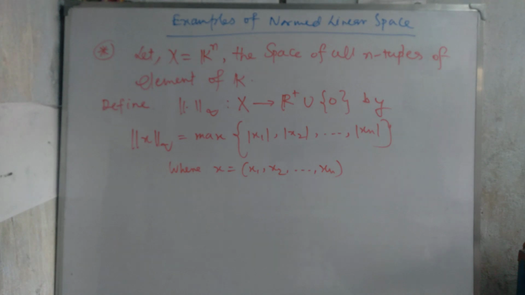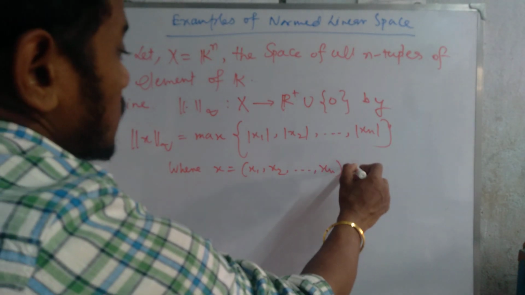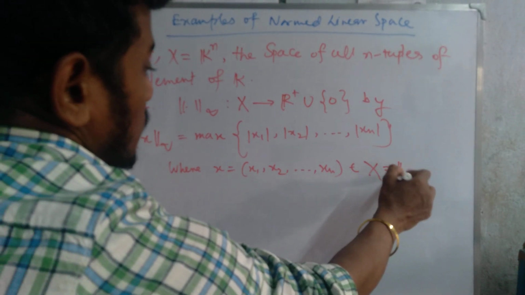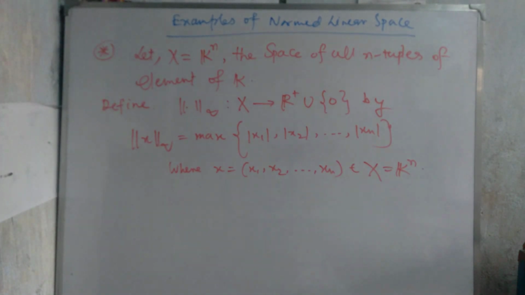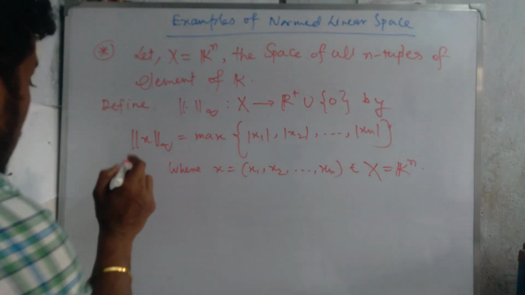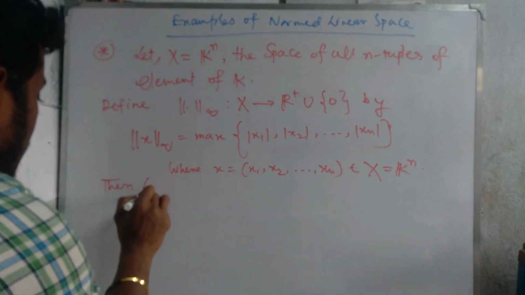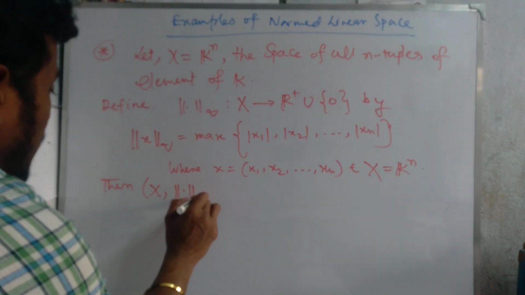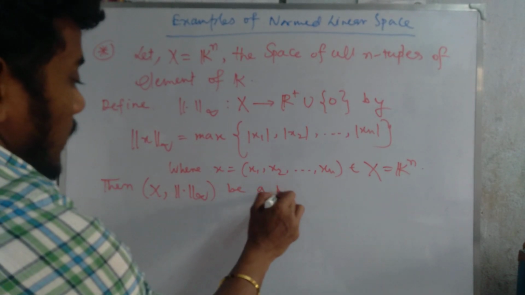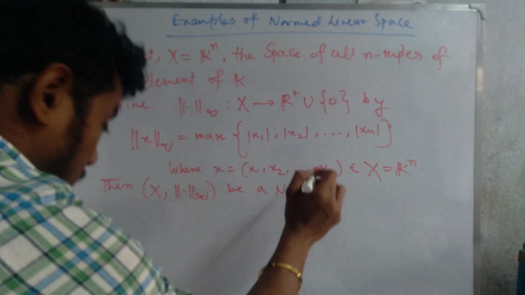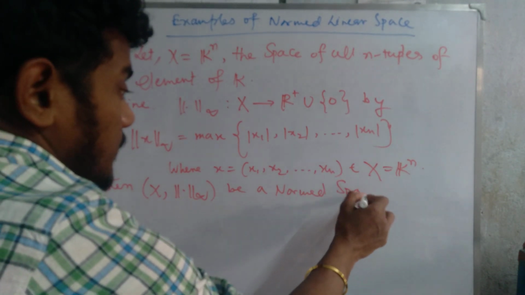In this way this n-tuple belongs to X equal to K to the power n. Then obviously X with this norm infinity is a normed linear space.